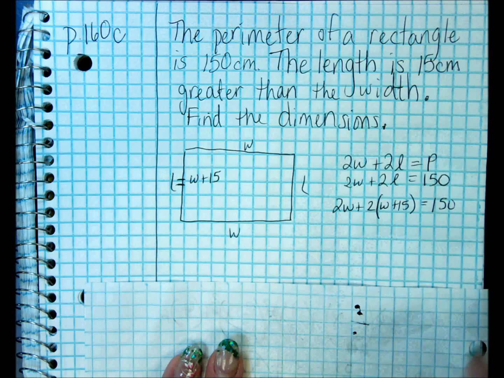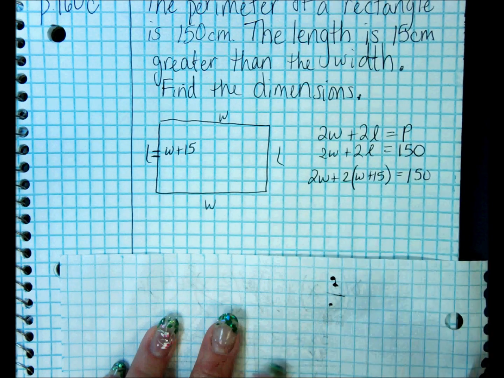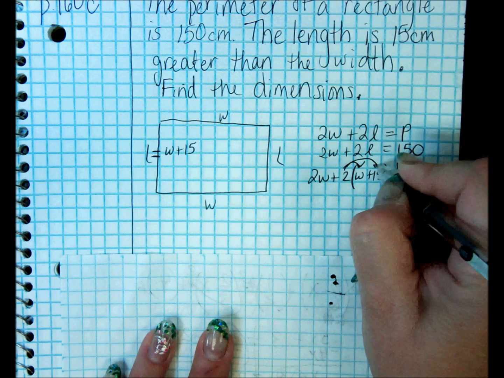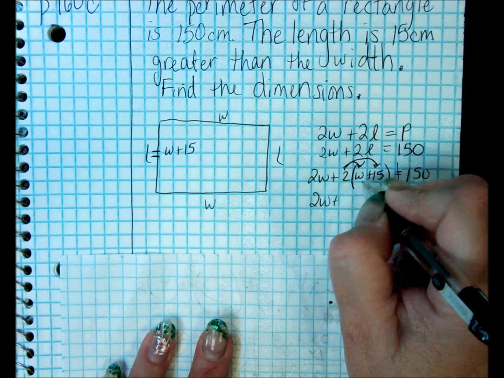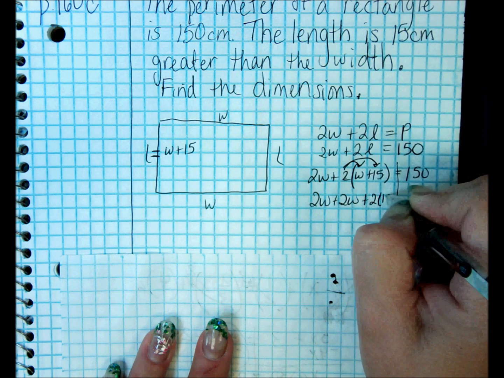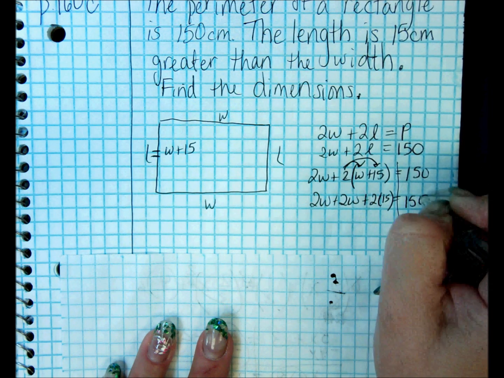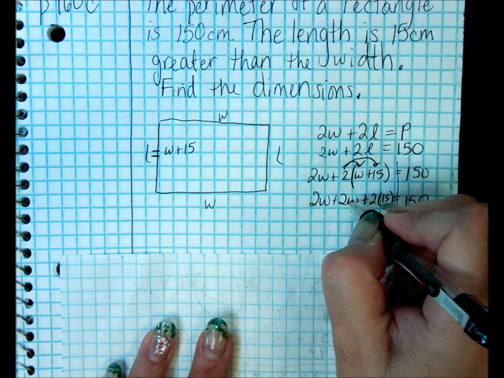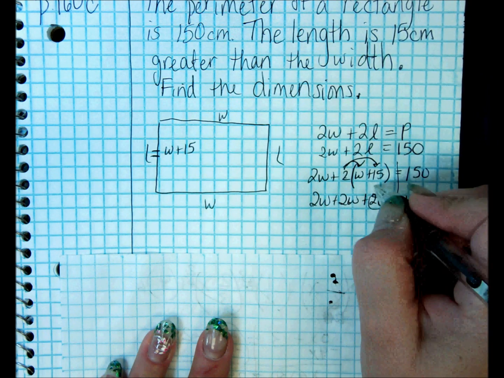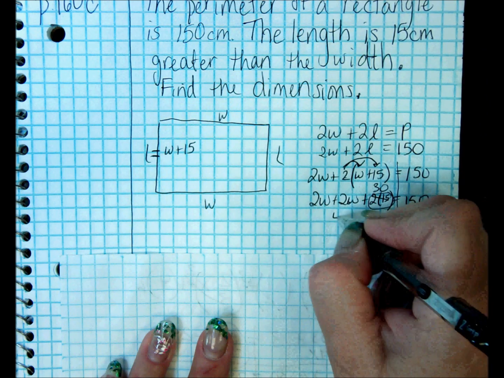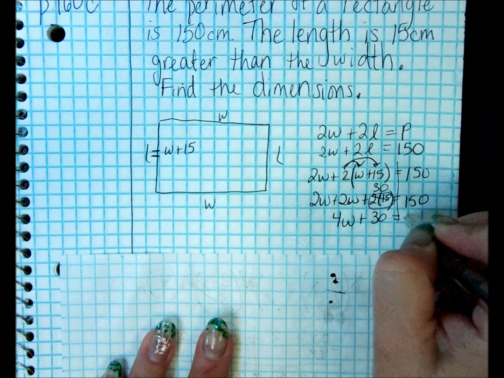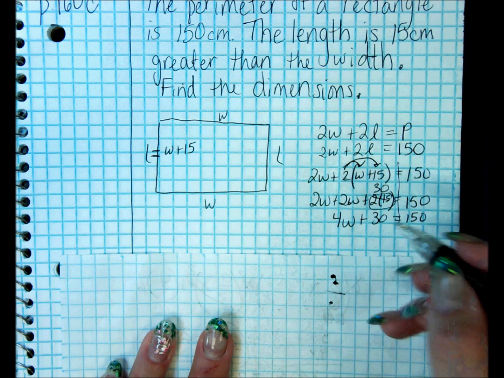And now I'm solving my equation. I have an equation. Parentheses, distribute the 2. So 2w plus 2 times w plus 2 times 15 equals 150. If I clean it up, 2 times 15 is 30. So 4w, 2w and 2w, plus 30 equals 150. Get the w by itself by subtracting.